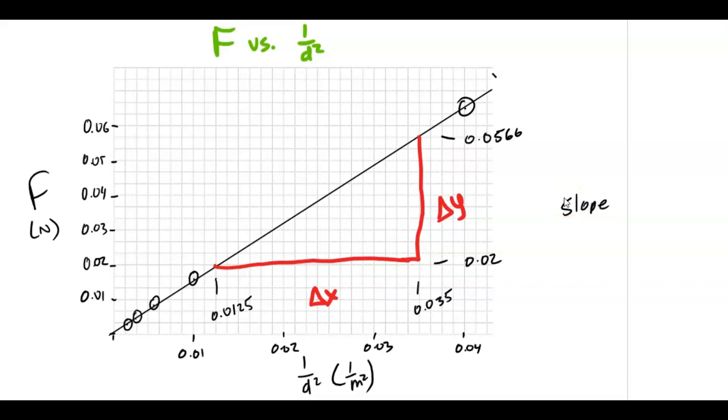So the slope being delta y over delta x means that change in the y is going to be 0.0366 over x, which is 0.0225, and 0.0366 divided by 0.0225.